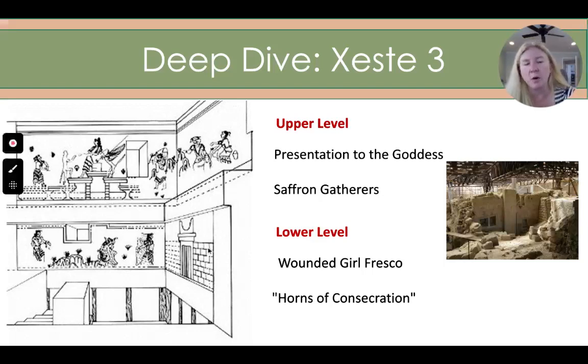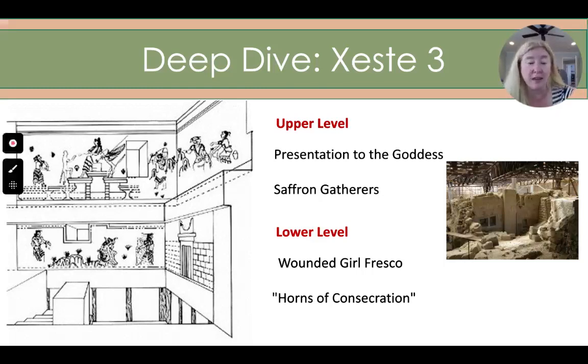On the other wall is a very, very poorly preserved fresco of an architectural feature that we know from other parts of Crete. And we can recognize this as what we call the horns of consecration. I think I showed them to you. Remember, we were talking about how important bulls were to Minoan ritual and religion.